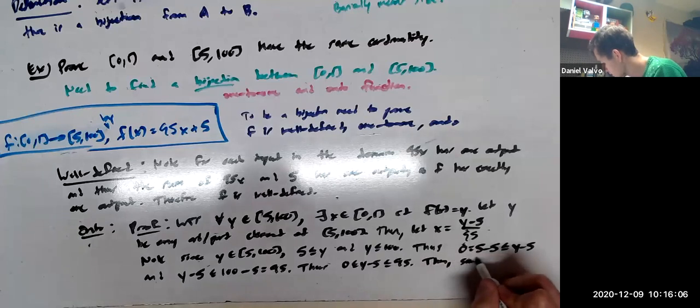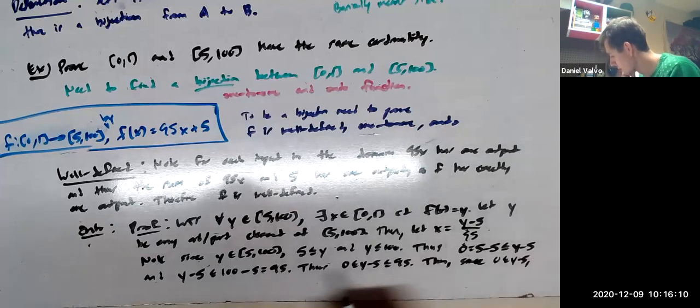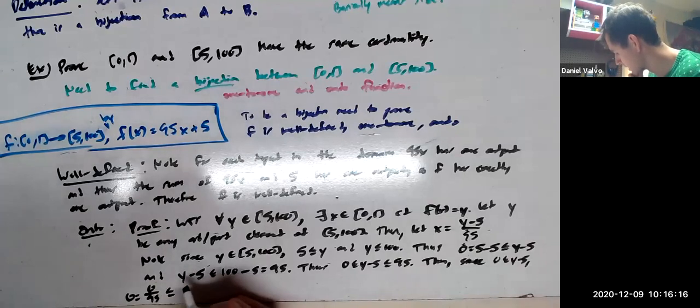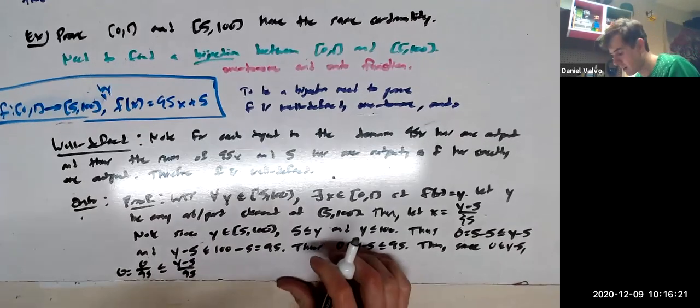Then, since 0 is less than or equal to y minus 5, we have that 0 over 95, which just equals 0, is less than or equal to y minus 5 over 95, by dividing both sides by 95.